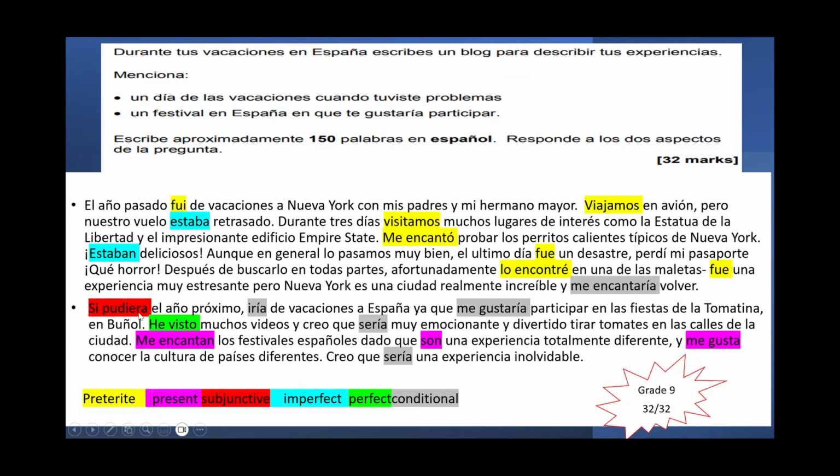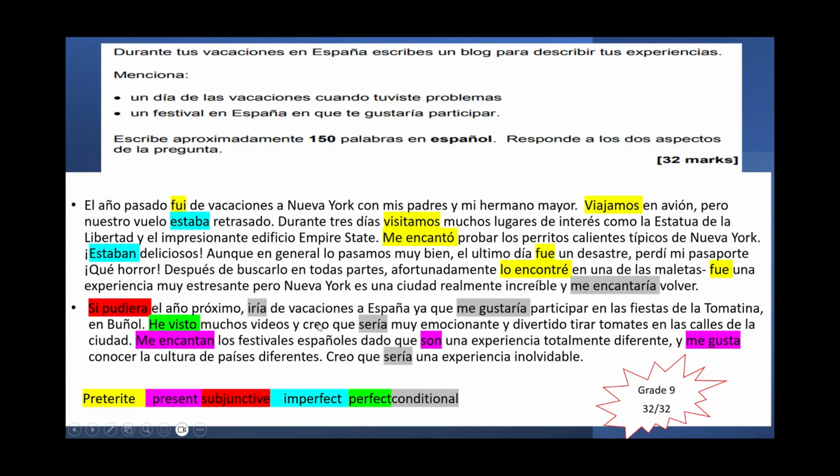Si pudiera, el año próximo iría de vacaciones a España, ya que me gustaría participar en las fiestas de la tomatina en Buñol. He visto, a nice one to use, I have seen, so the perfect tense, I have seen lots of videos.